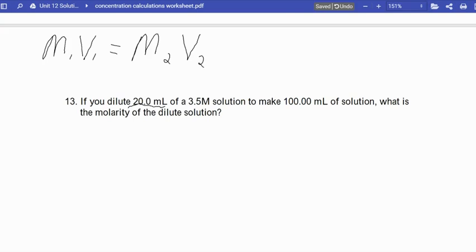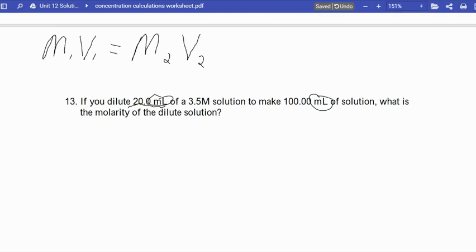When you're doing the molarity equation, it has to be in liters because the equation is moles over liters. But when it's dilution, you can use milliliters as long as both V1 and V2 are in milliliters, which they are, so that's fine. If one was milliliters and one was liters, you'd have to change it. But we have milliliters in both, so we're good to go.